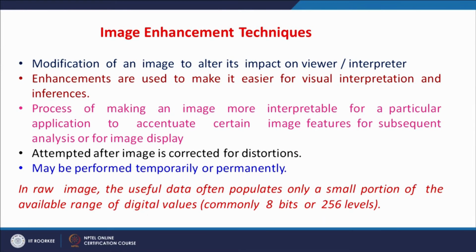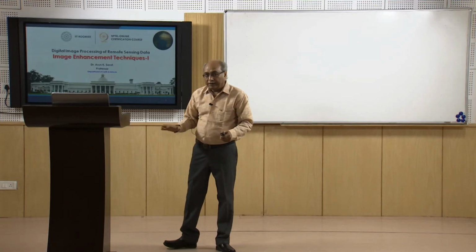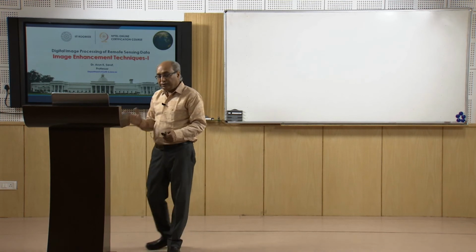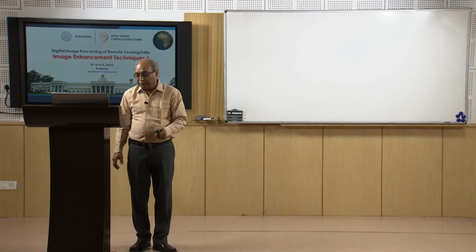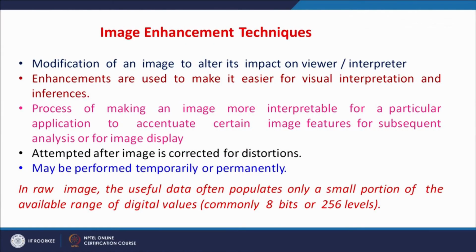Generally we go for temporary enhancement because we keep the original image intact and a new image is saved, which does not have these distortions and has the image enhancement and better quality for image interpretation. A raw image is useful, but its data often populates only a small portion of the available range of digital values.